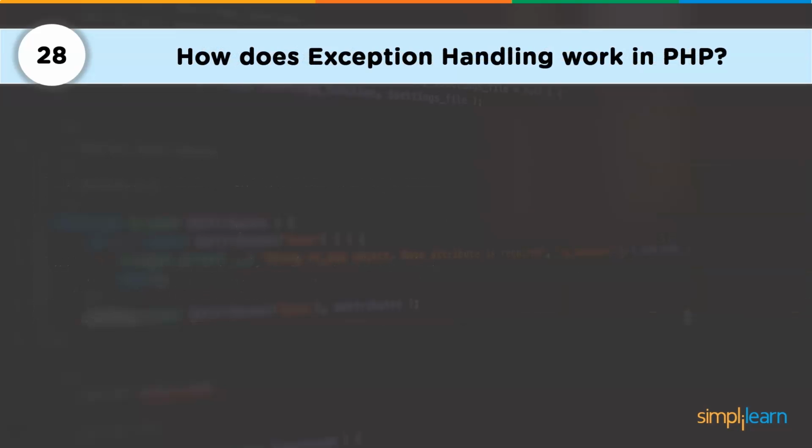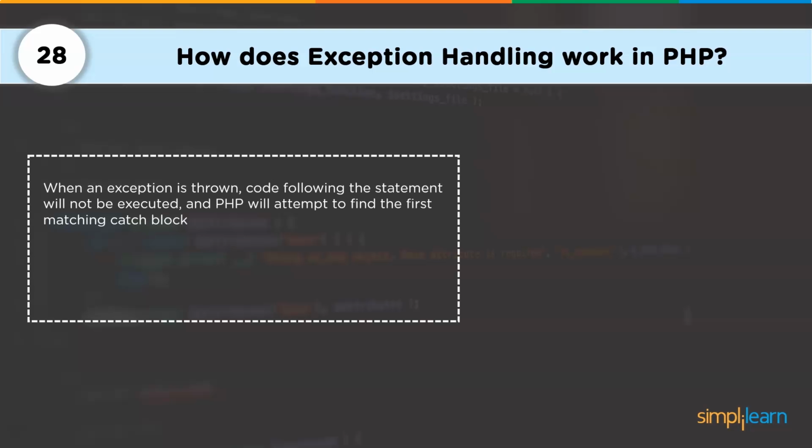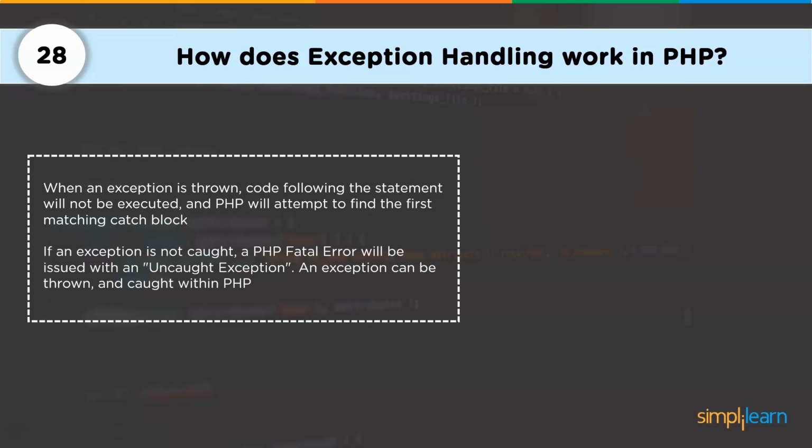Next question, how does exception handling work in PHP? When an exception is thrown, code following the statement will not be executed, and PHP will attempt to find the first matching catch block. If an exception is not caught, a PHP fatal error will be issued with an uncaught exception. An exception can be thrown and caught within PHP.